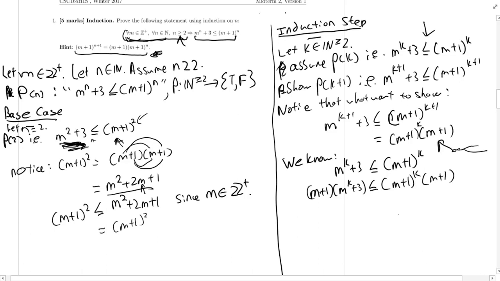Already this side is covered, so we just need to multiply out this side and see what we get. We get m times (k plus 1) plus 3m plus m k plus 3, smaller than or equal to, and then we rewrite this as (m plus 1) to the k plus 1. We're doing good.